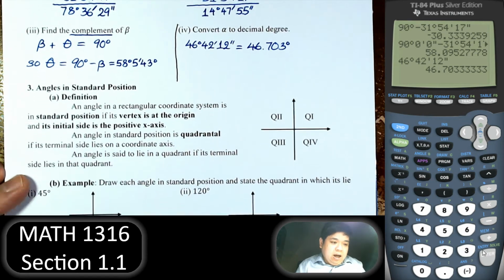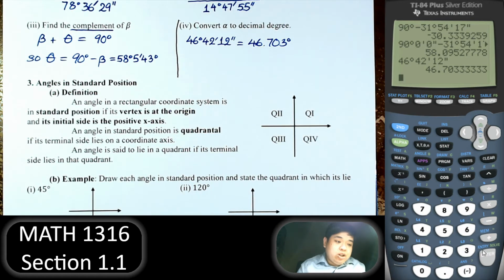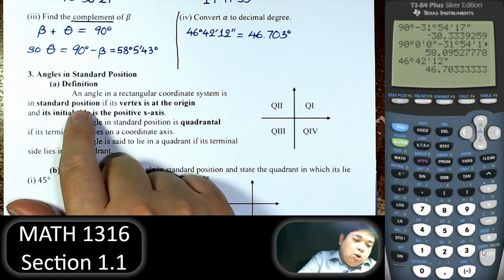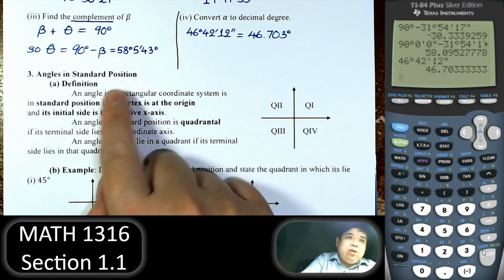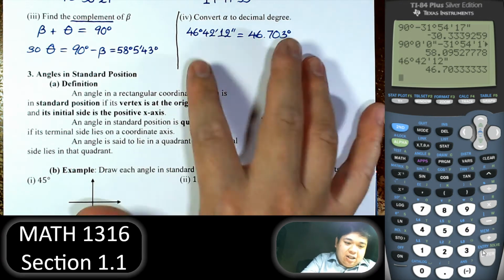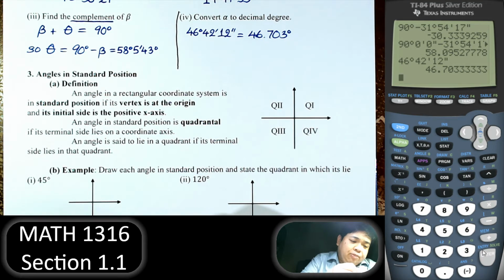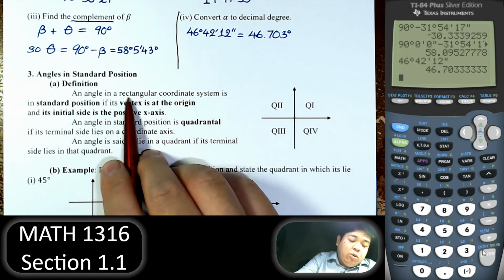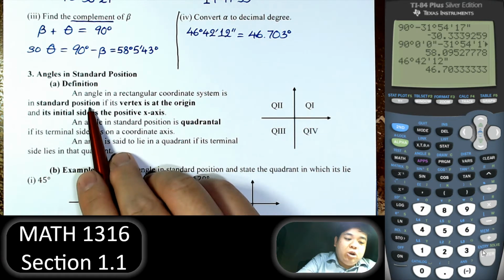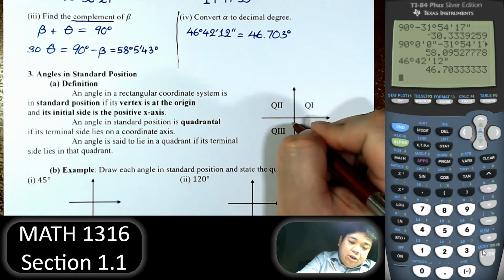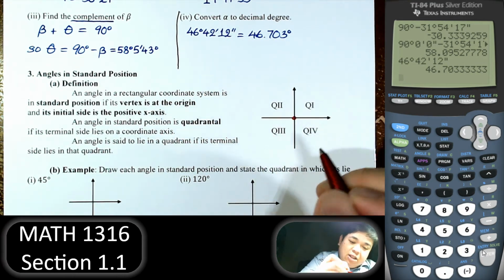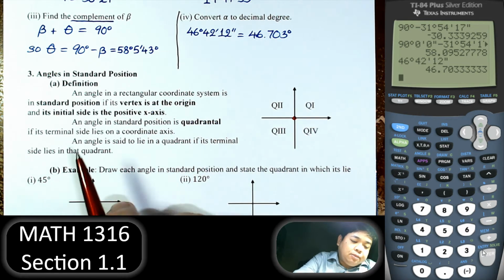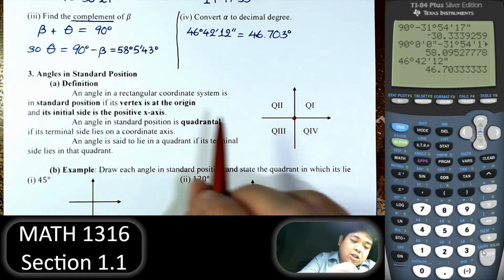More terminologies. We say that an angle is one ray rotating, and that's how we define angle. Now, an angle in the standard position, in a rectangular coordinate system, has its vertex at the origin, and the initial side is the positive x-axis.